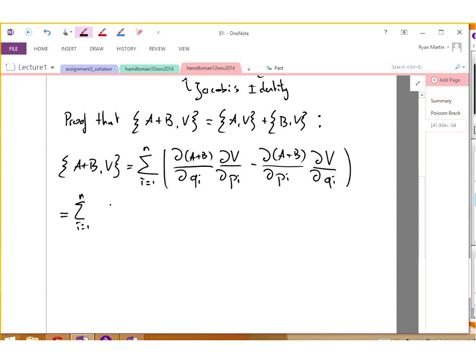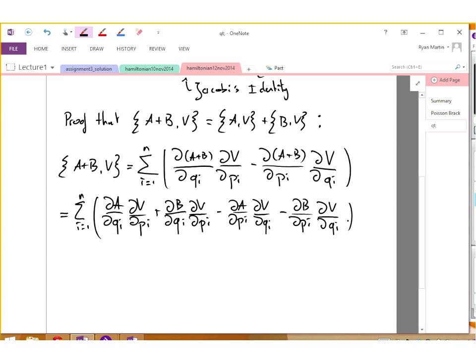So if I expand out the first term, I have ∂A/∂qi ∂V/∂pi plus ∂B/∂qi ∂V/∂pi. That's the first term. The second term is minus ∂A/∂pi ∂V/∂qi, minus ∂B/∂pi ∂V/∂qi.